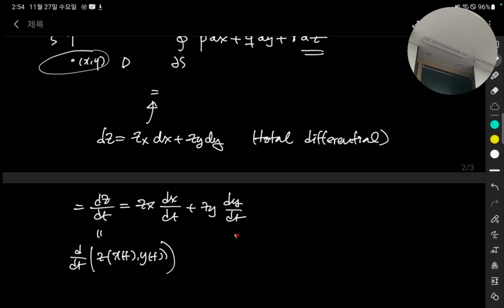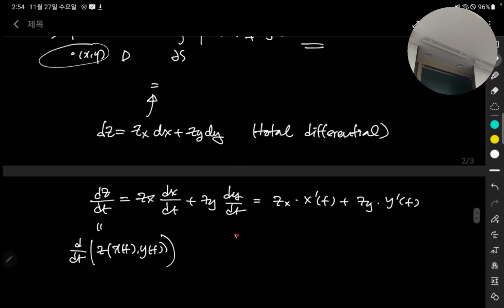So it's now a single variable function. So it's simply z_x x'(t) plus z_y y'(t). And you can see that this is exactly the same as the chain rule.